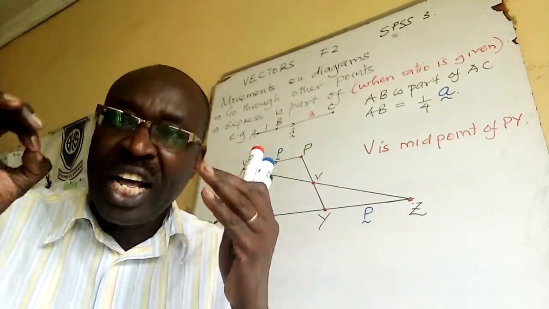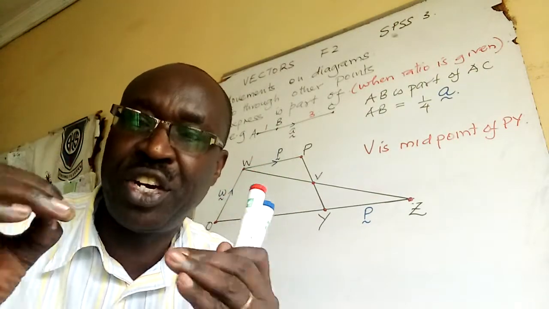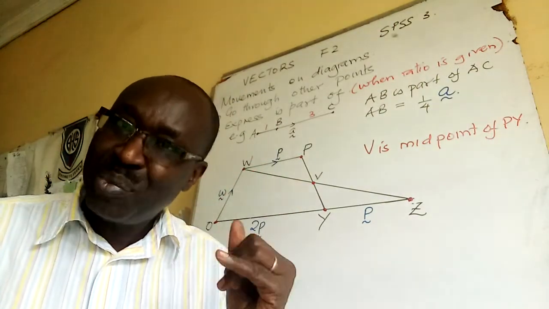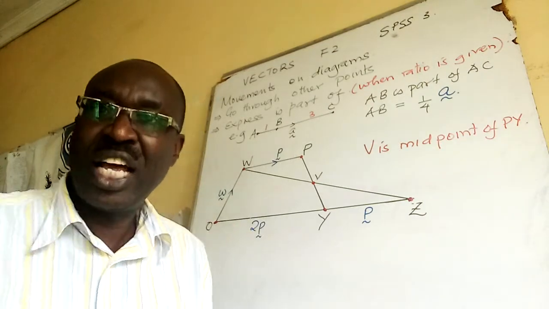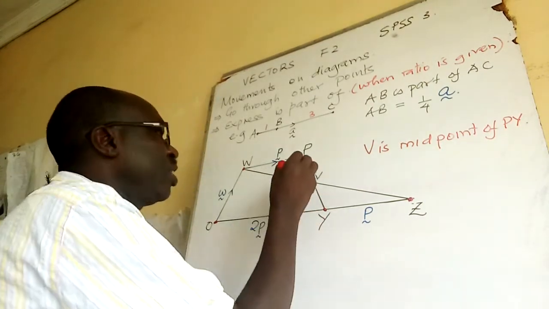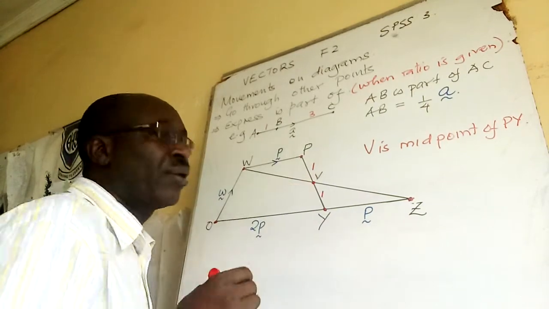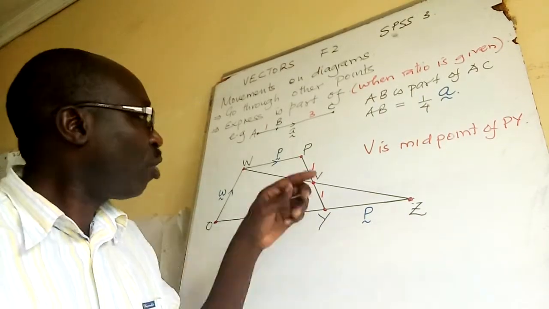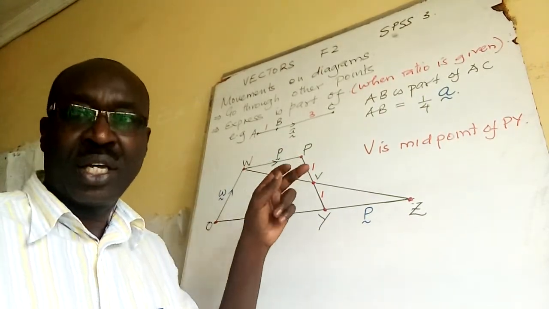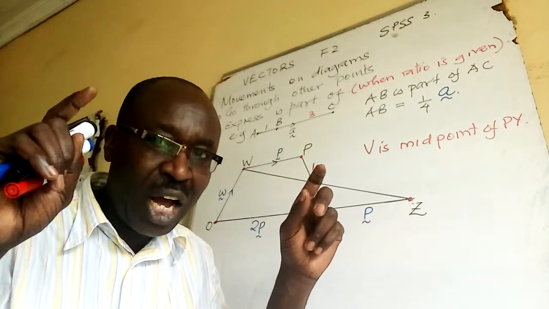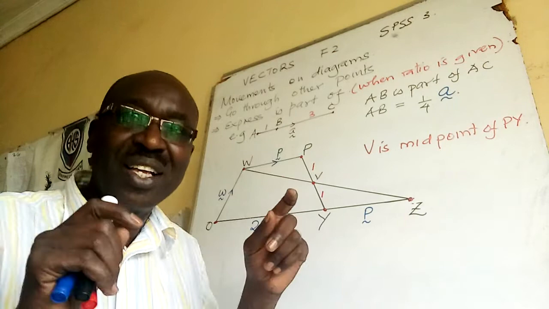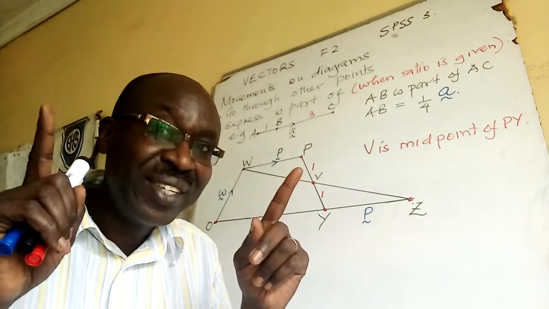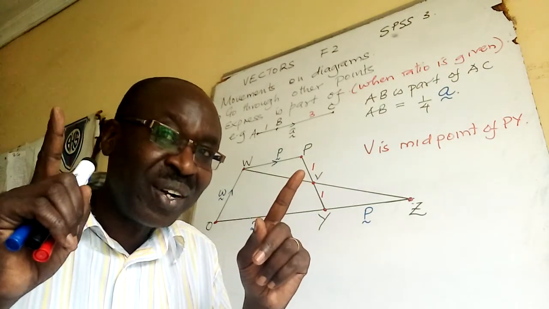When you hear the word midpoint, that is the key thing here. Then the ratio given is 1 to 1. That is, from P to V is 1 kilometer size. From V to Y is 1 kilometer size. Are we together?